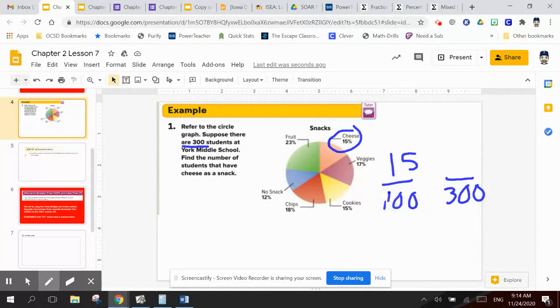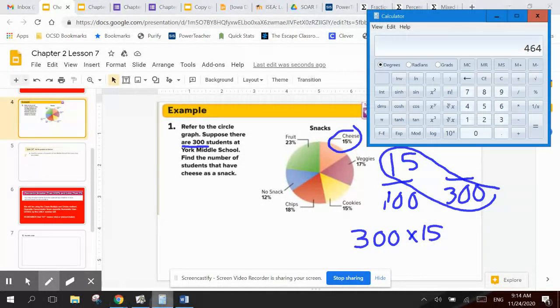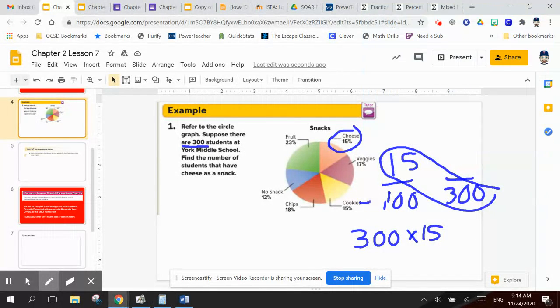So to solve for our problem today, we're going to cross multiply. I'm going to take 300, the opposite denominator, times the opposite numerator. So I have 300 times 15. So I use my calculator. 300 times 15 is 4,500, and we're going to divide that by the only number that's left.